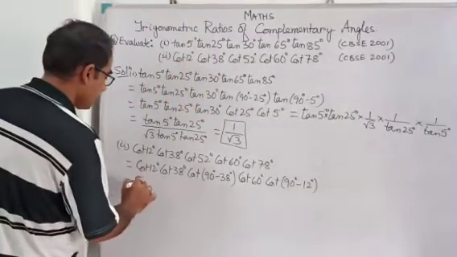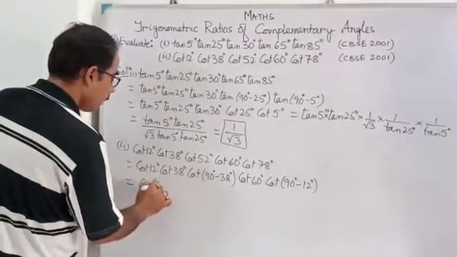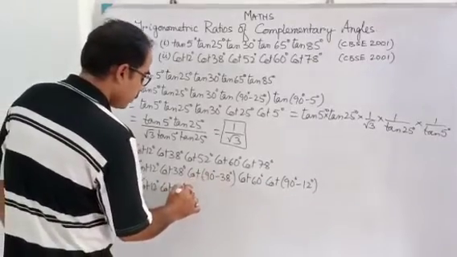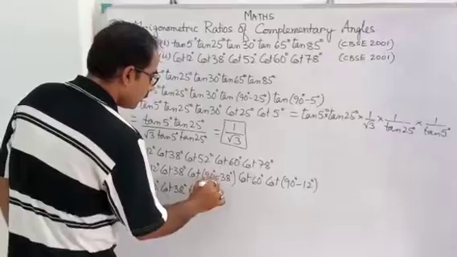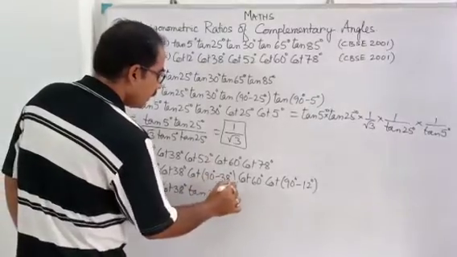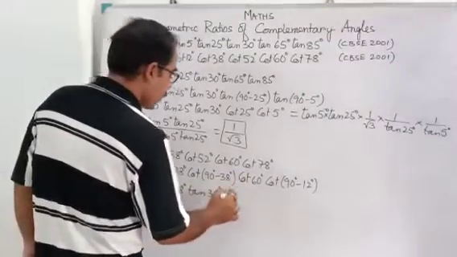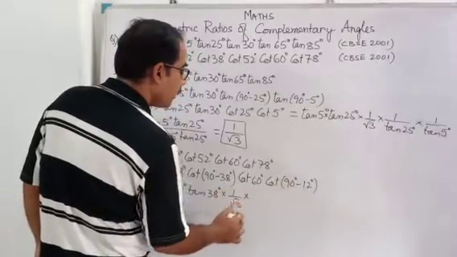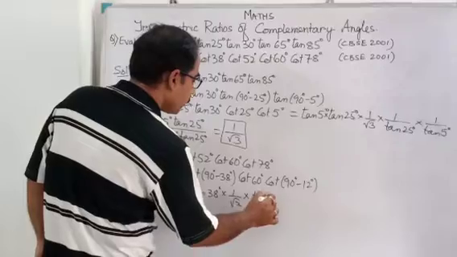So that is equal to cot 12 degree, cot 38 degree, and cot 90 minus 38 will be tan 38 degree, and cot 60 degree means 1 by root 3, and cot 90 minus 12 means tan 12 degree.